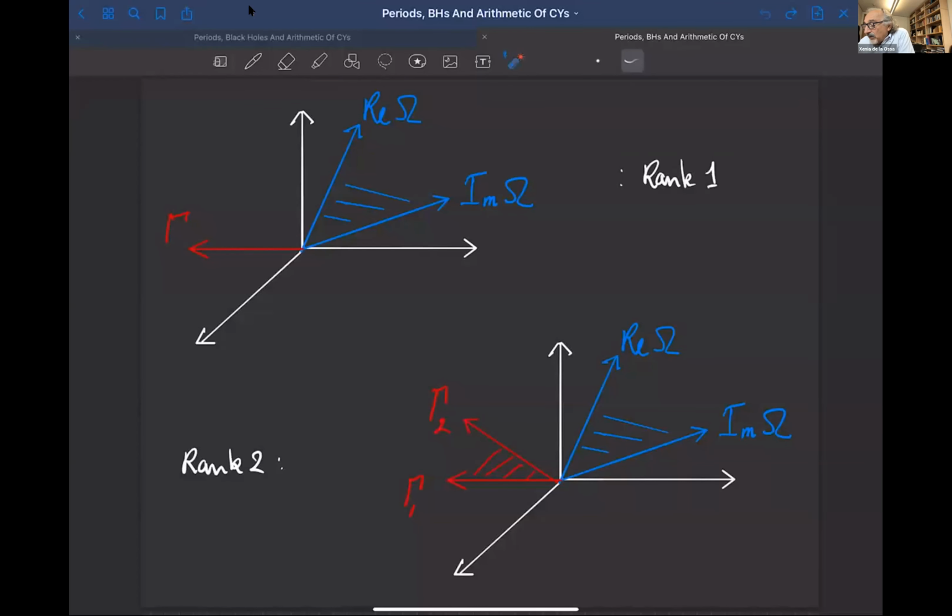So in other words, the red plane determined by gamma 1 and gamma 2, by two lattice sites, turns out to be the same plane as the blue plane defined by the real part of omega and omega.